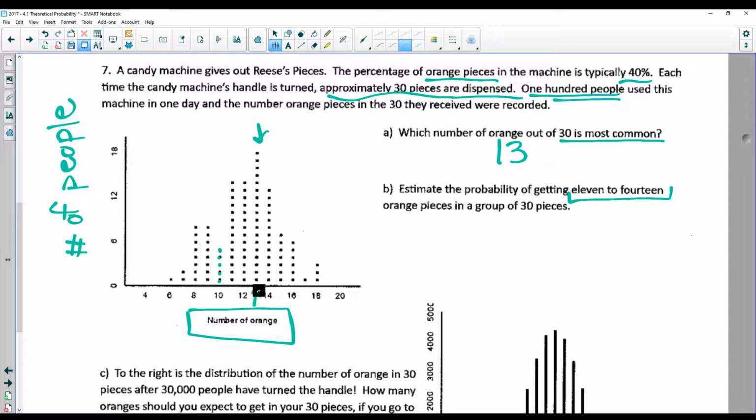So we're only looking at our results. 11 to 14, so that would be here. If we looked at all those tall ones and we counted them up, there should be 59. So that would be 59 out of 100 results that got 11 to 14. Okay, so that would be 59%.